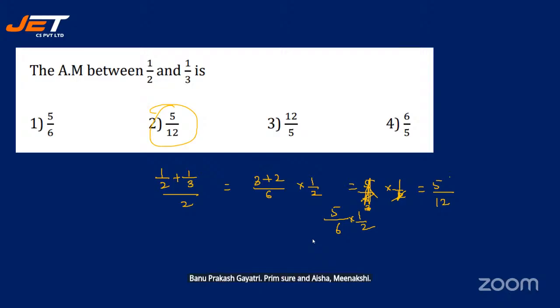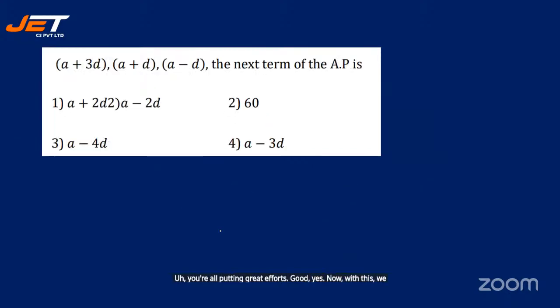I have Siddharth, Tundupriya, Manohar, Vasant Kumar, Varshita, Harshita, Snigdha, Shailesh, Harshavardhan. Good students. Yes. You all are giving me the correct answers and you are all putting in great efforts. Good. Now, with this, we are moving on to the next question.